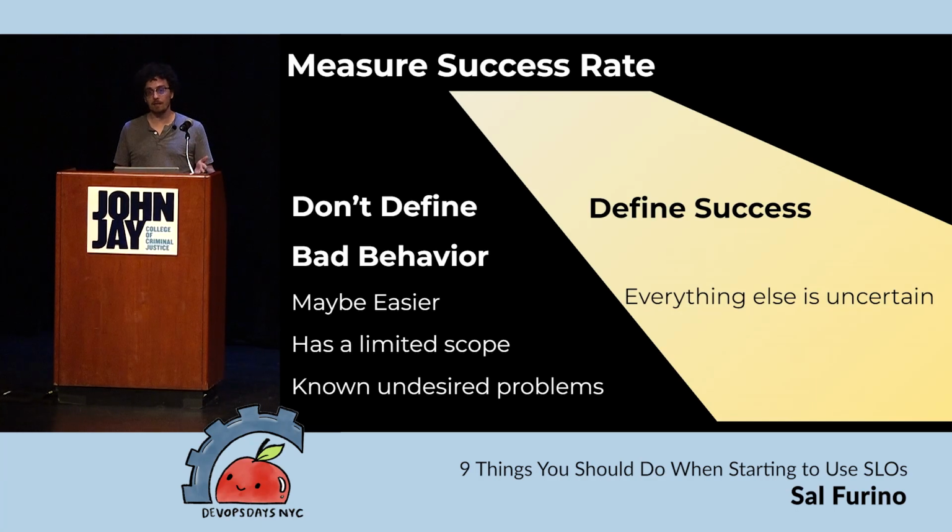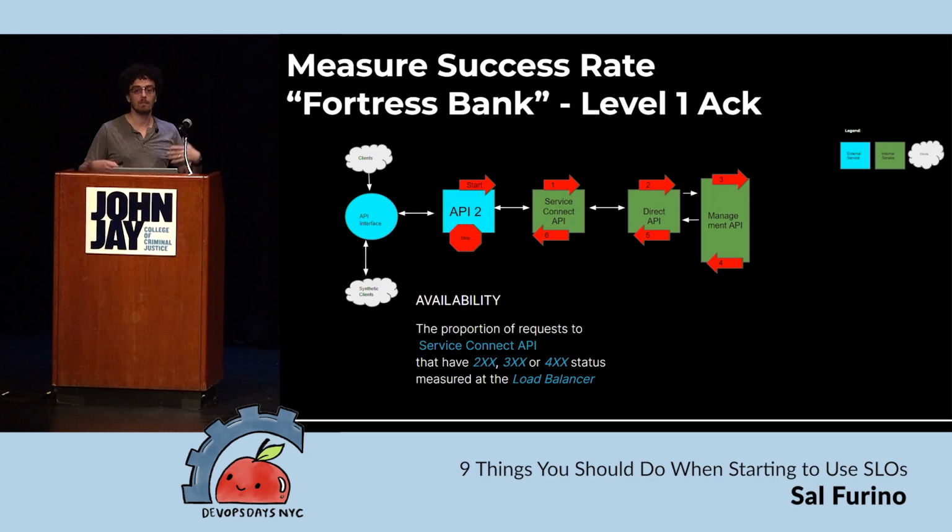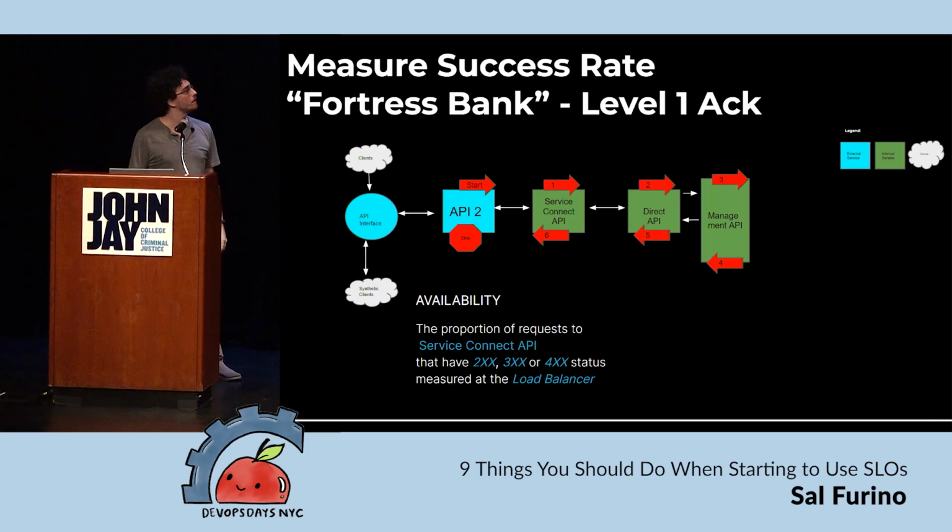Let's apply this back to our friends over at Fortress Bank. After we finally got the architecture pinned down and figured out a journey, we said, let's do an availability metric based upon this.